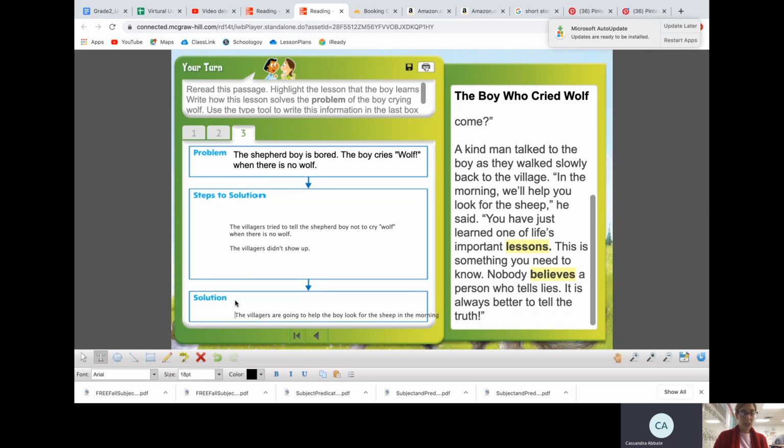I don't know why it's not letting me type where I want to type, but that's okay. This is being silly. Sorry about that. But what was the other solution too? Is he needs to learn to tell the truth. So the boy learned to tell the truth. That was the solution to this story.